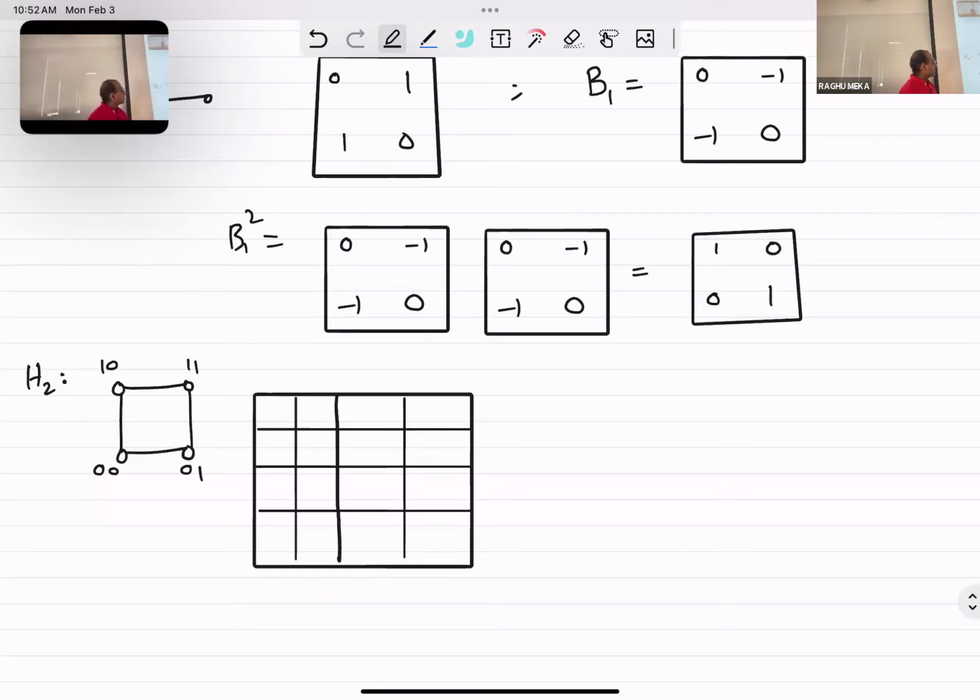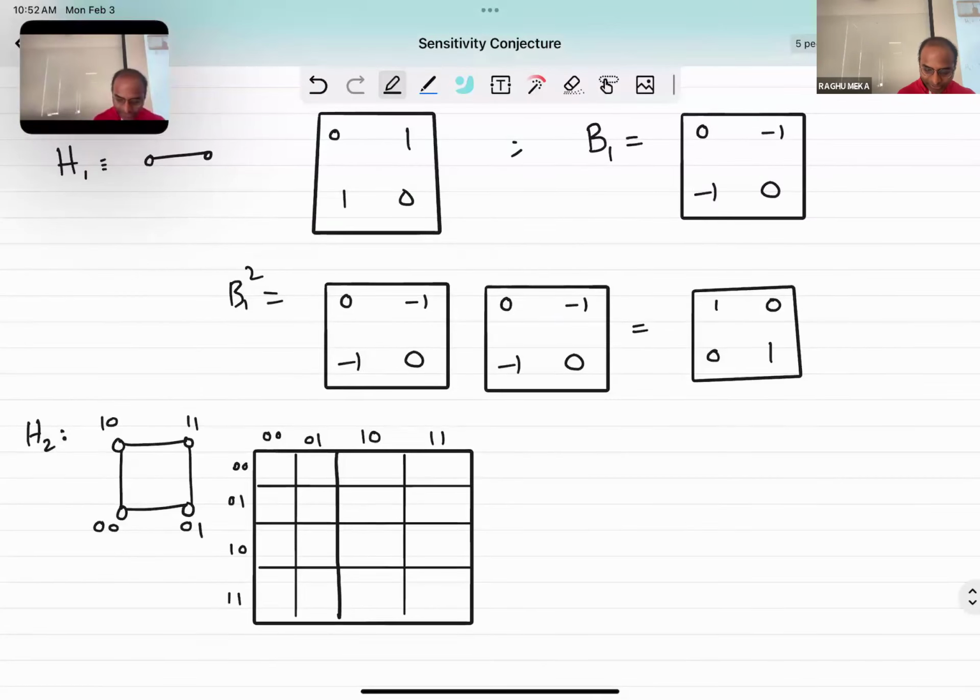It's a 4x4 matrix. Without even looking at what you have here, what pattern should you expect for the adjacency matrix?